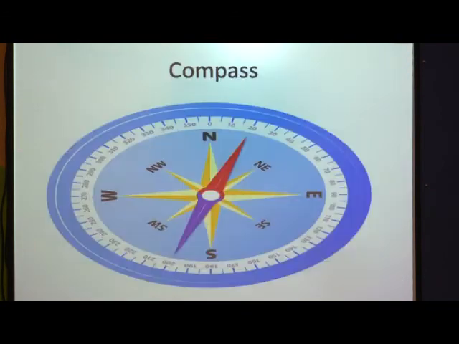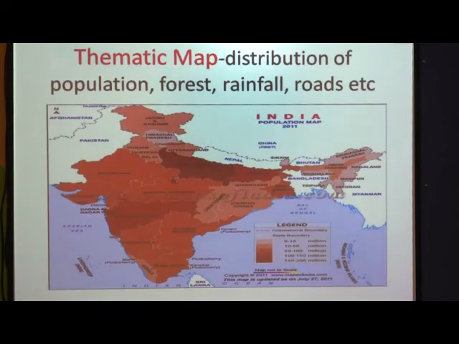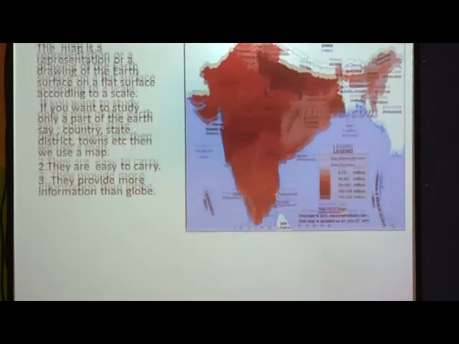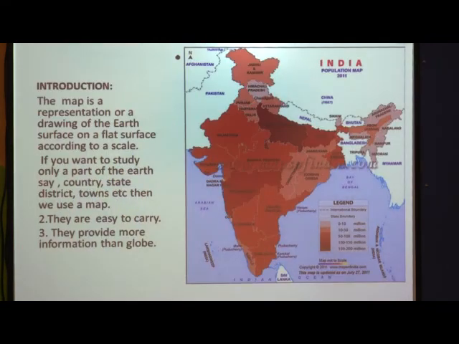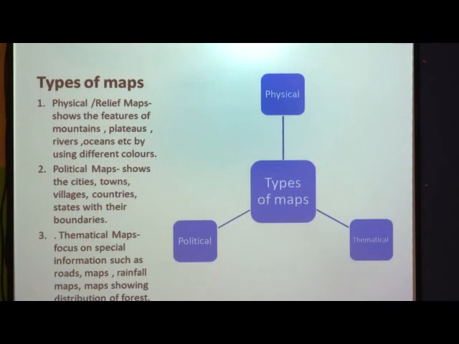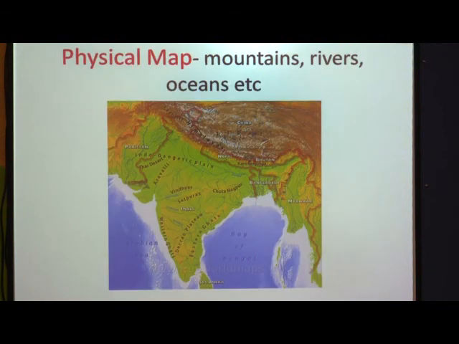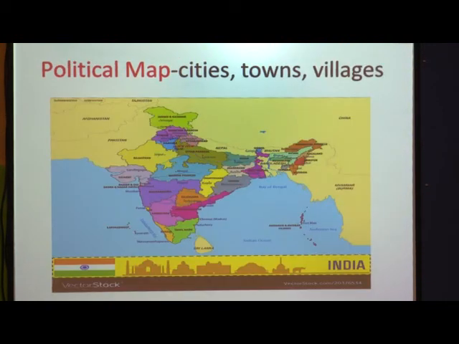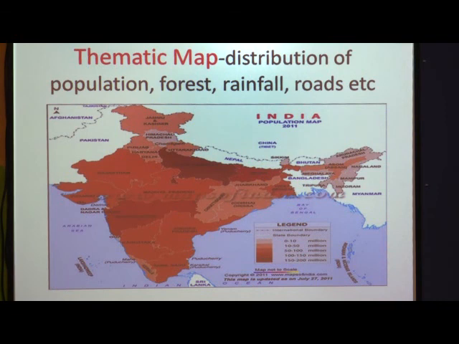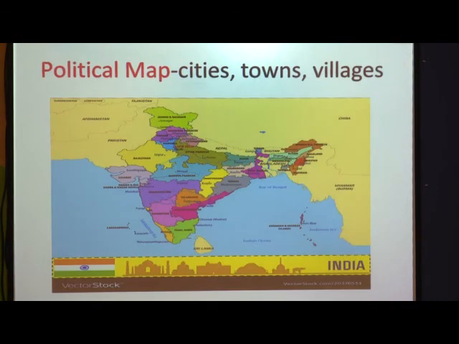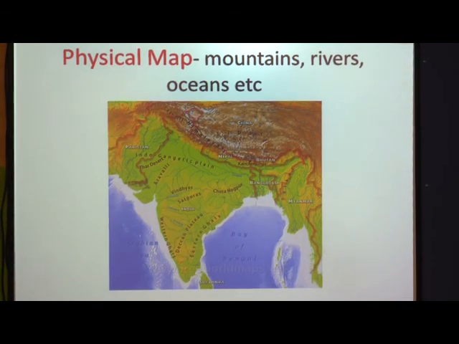Whatever we have read in this lesson, we will have a short recap. First we have seen different types of maps: physical map, political map and thematic map. These are the pictures of thematic maps. Physical maps show mountains, rivers, oceans.